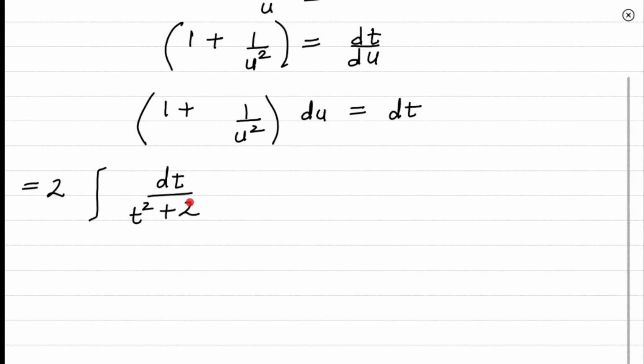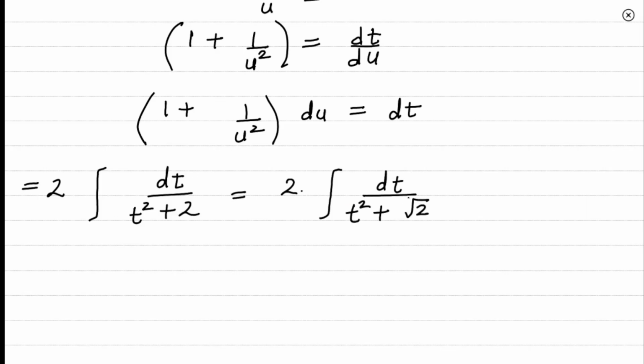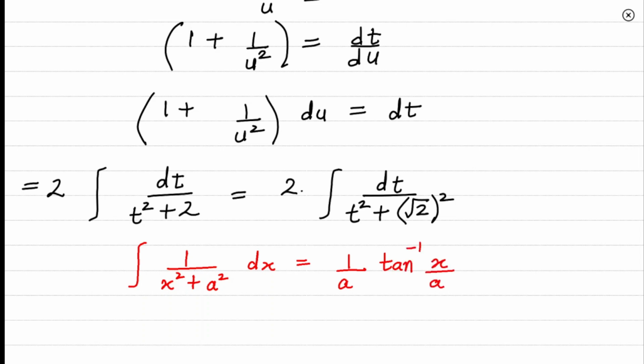You can just write that 2 as root 2 square. So we have 2 times integral of dt divided by t square plus square root of 2 square. Now we know that integral of 1 divided by x square plus a square with respect to x is nothing but 1 over a tan inverse of x over a. So we can actually apply that formula over here to integrate this.